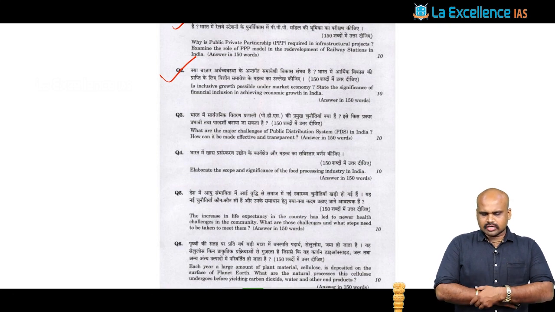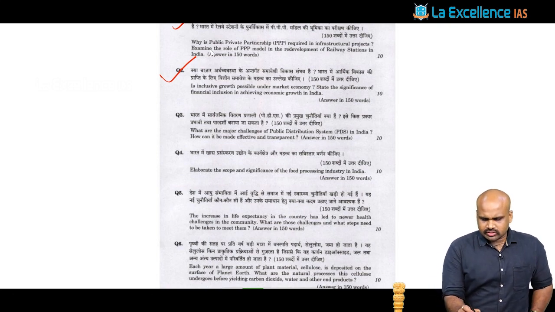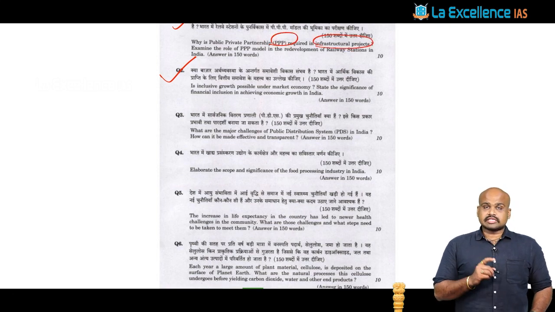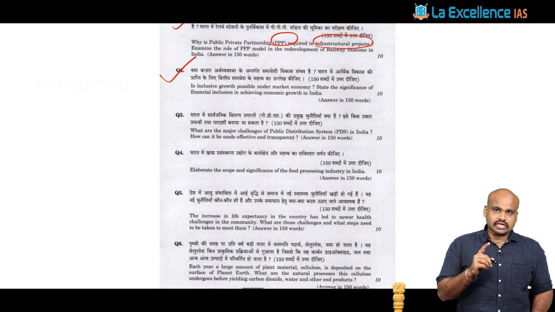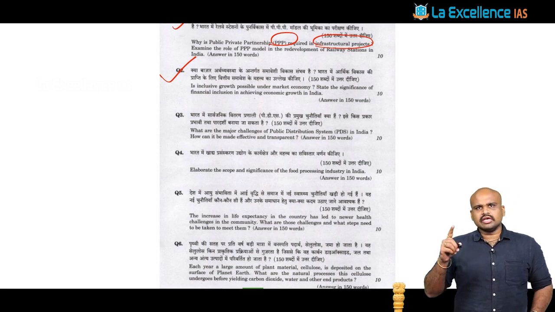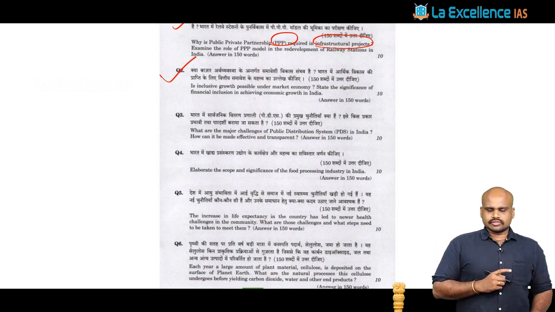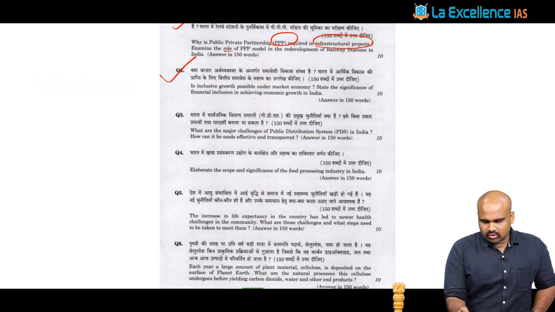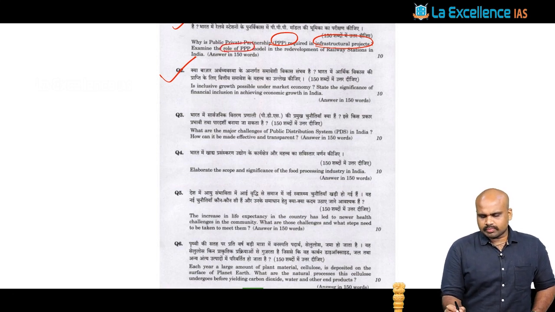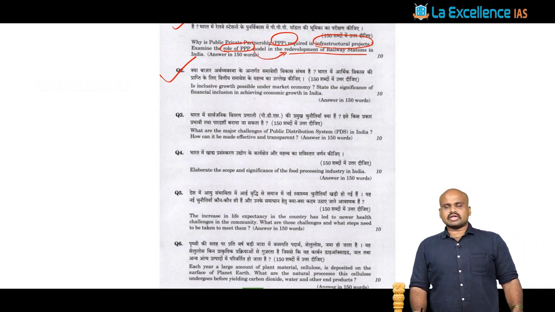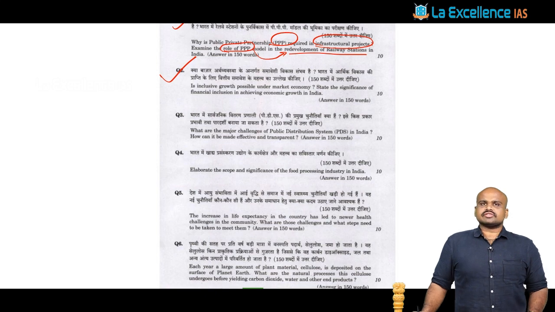When you look at this particular question, why is the P required for infrastructural projects? It is indirectly asking about the significance of P, especially in infrastructural projects. Then, examine the role of P in redevelopment of railway stations.